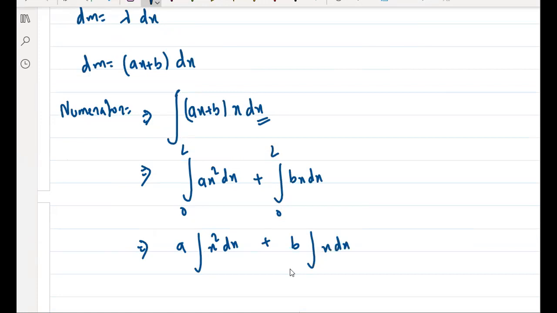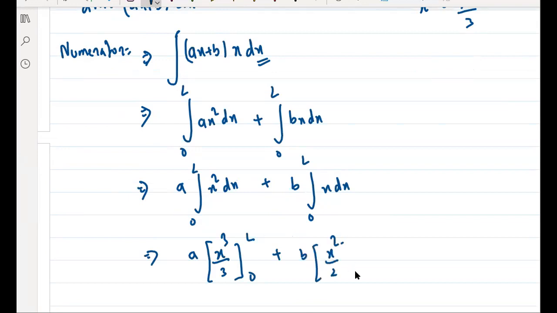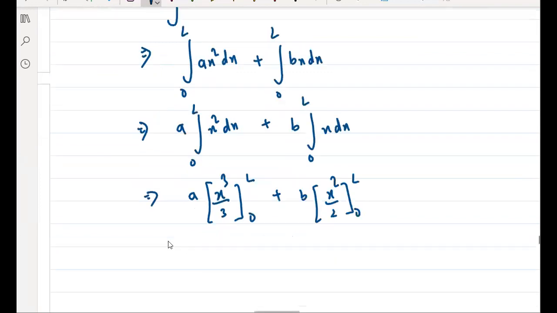The integration of x squared is x cubed by 3, and of x is x square by 2. So this is equal to a x cube by 3 from 0 to L plus b x square by 2 from 0 to L. If you put the value of L, we get a L cube by 3 plus b L square by 2. Did everyone understand up to here?